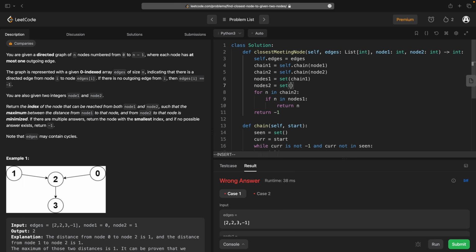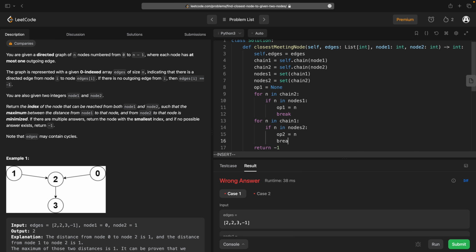So does that mean if n in nodes 2, op2 is equal to n, break, op2 is also none.